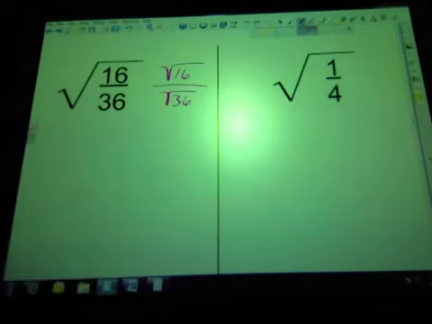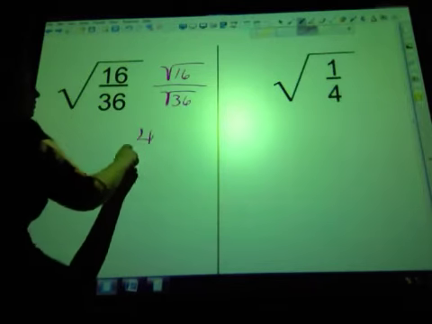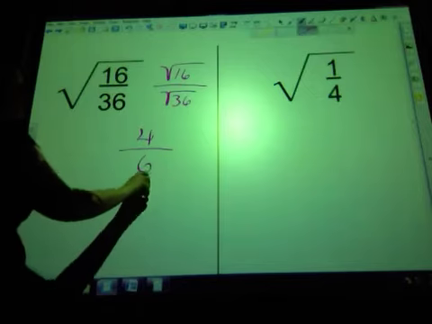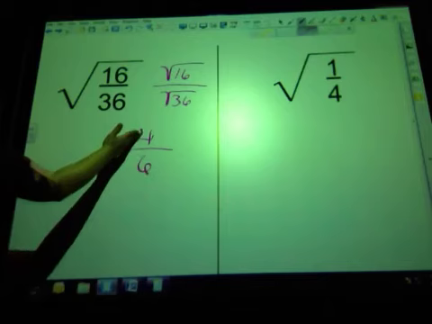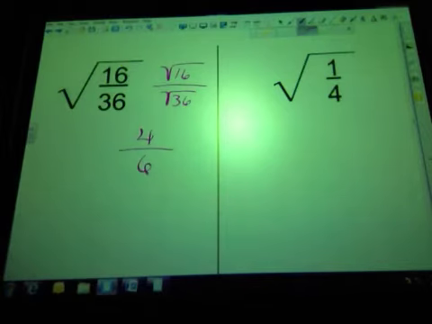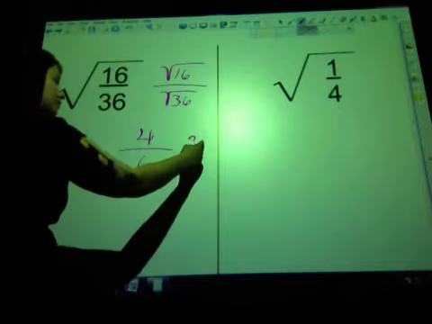So we can do square root of 16 over square root of 36. Square root of 16 is 4, square root of 36 is 6. 4 times 4 is 16, 6 times 6 is 36. So I have 4/6. But that's not reduced, so I need to reduce that even more. 4/6 reduces to 2/3.